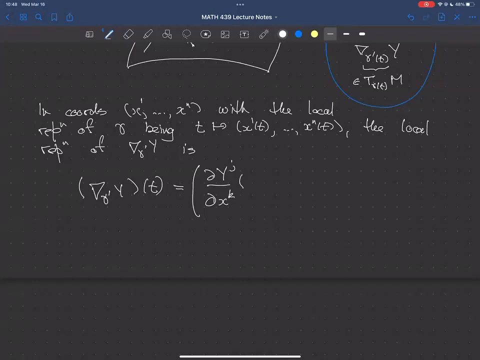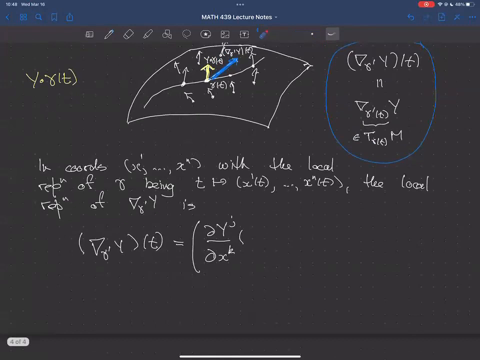Because it's conceptually important here, let me indicate where that derivative is evaluated. It's evaluated at the point, just like in the picture. It's evaluated at the point gamma of t.